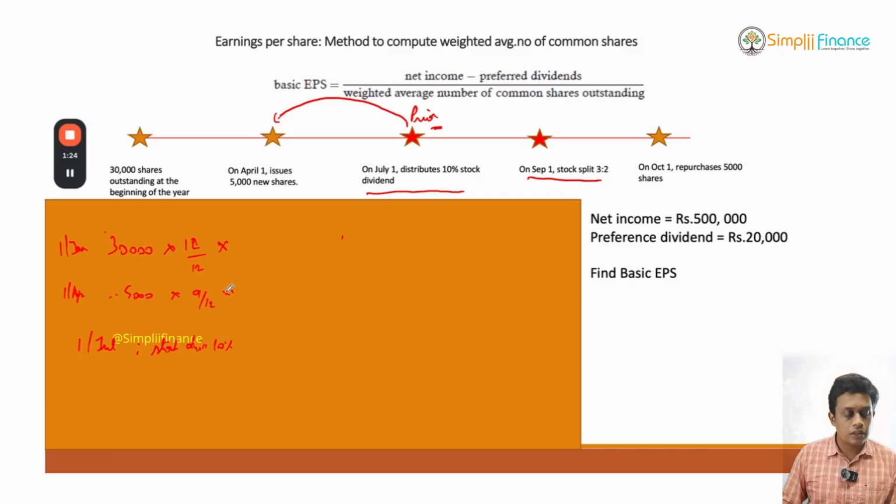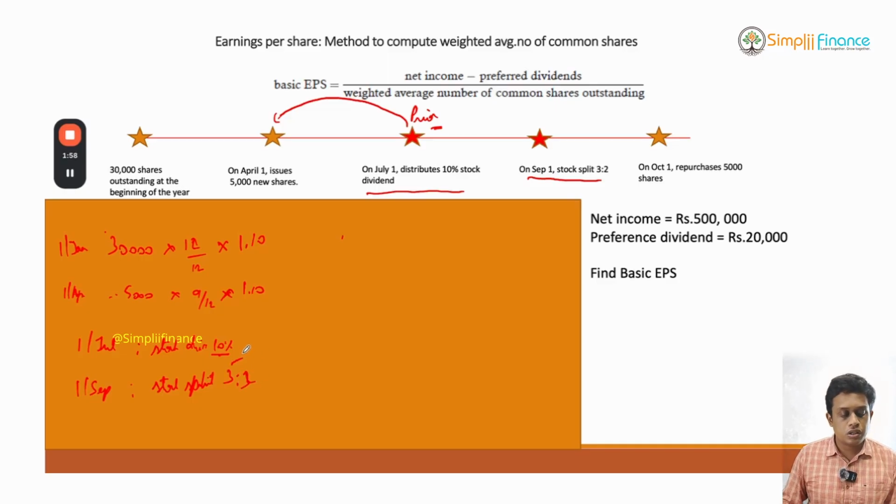It's for all the shares which were outstanding prior to the 1st of July, which need to be impacted by 1.10. That is, you're getting a 10% dividend, so 1.10 is what you will multiply all the prior shares which were outstanding by. Then on 1st of September, there was a stock split of 3:2.